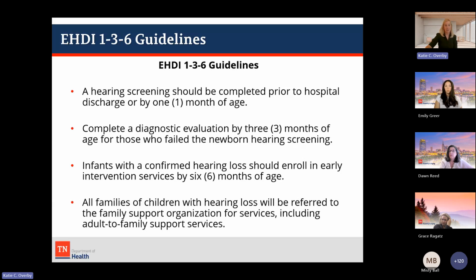And by 6 months, we want to have them enrolled with you all. We know there are barriers and things don't necessarily always land that way, but those are the guidelines that we try to abide by. And we want all families with a child with hearing loss to have the support and services, and we want them to at least be referred to you all.